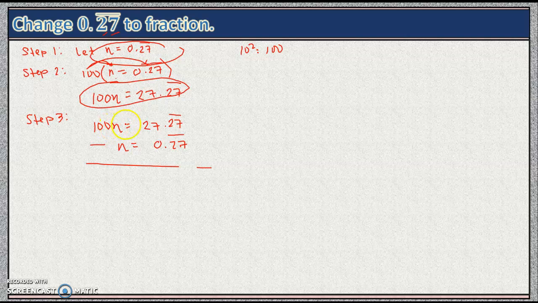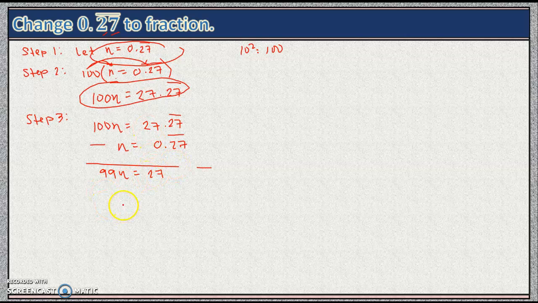So 100n minus 1n is 99n. 27.27 with bar above minus 0.27 with bar above is 27.